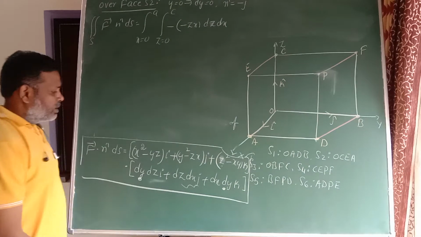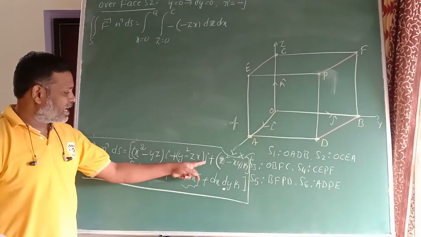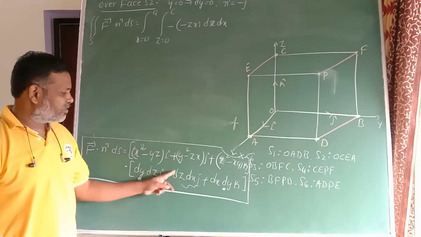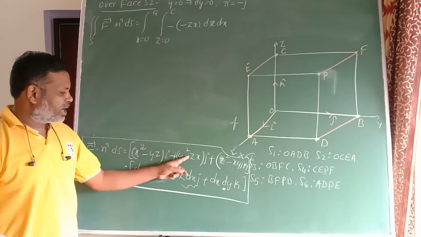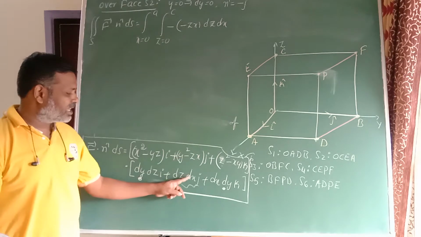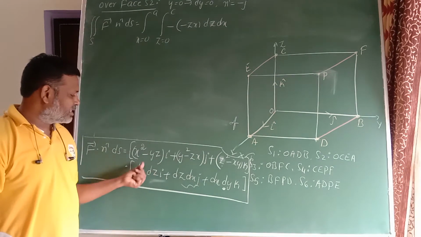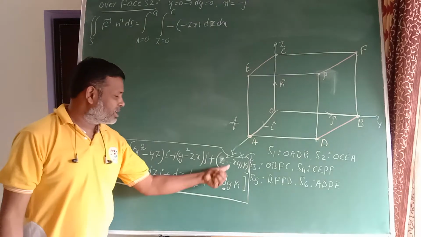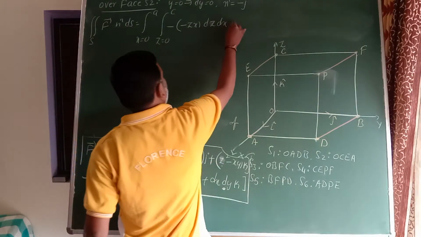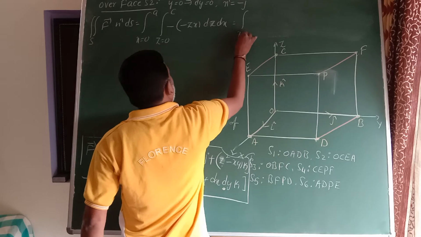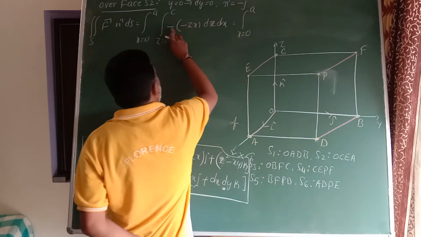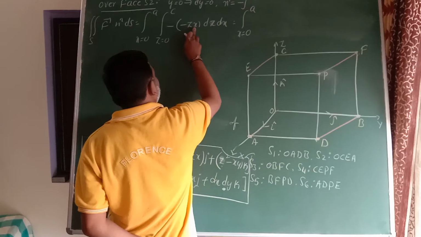That's it. So j is minus j, right? Y is equal to 0. So minus of minus zx into dz into dx. Where dy is 0, this becomes 0, and dy is 0, this becomes 0. So x is from 0 to a. Now minus into minus is plus. Zx is there.